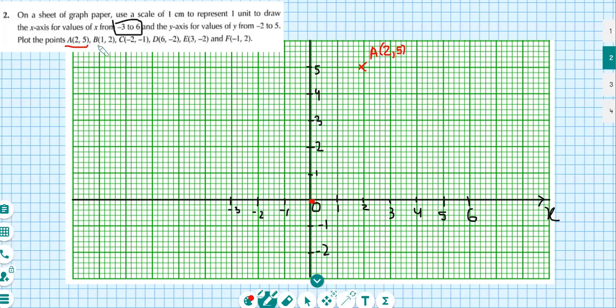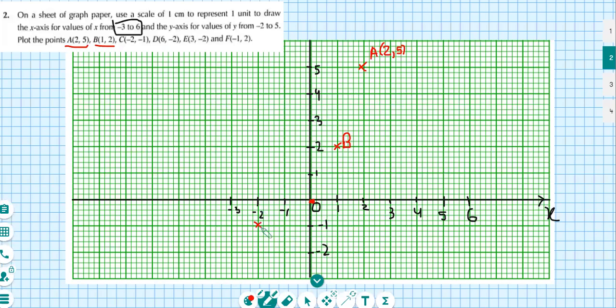Next, B (1, 2). Again, placing the pencil at origin, along x-axis it is 1 and along y-axis it is +2. So this point is B. For C, (-2, -1): -2 along negative x-axis, 1, 2, and -1 is 1 step below.